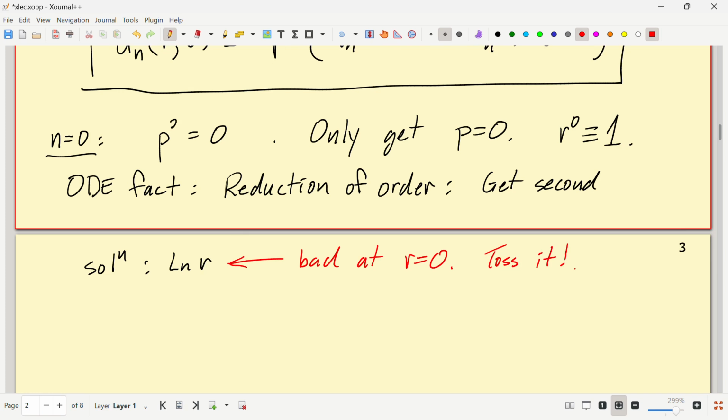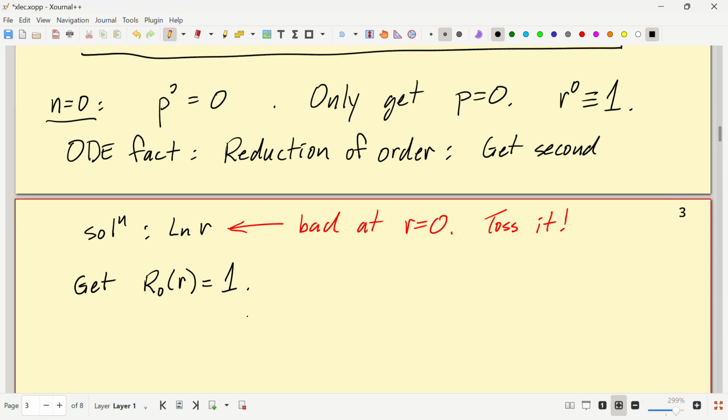And so the lambda equals 0 case, I get R0 of r, the function 1. And my theta 0, we also had theta of 0 as the function 1.